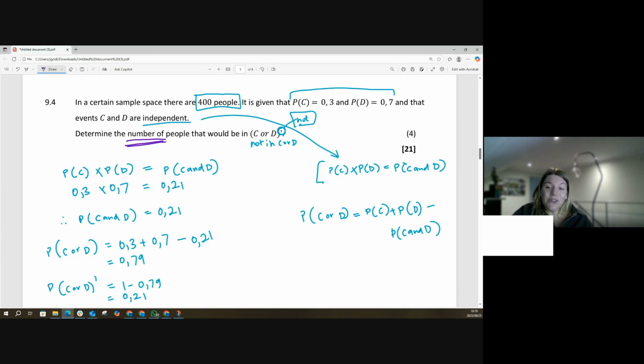And because it said determine the number of people, we then have to take this and multiply it by this. So now for number of people, it will be 0.21 times 100, which gives us 84 people.